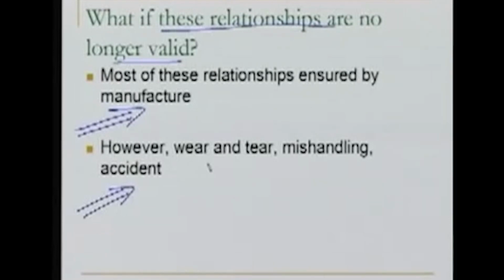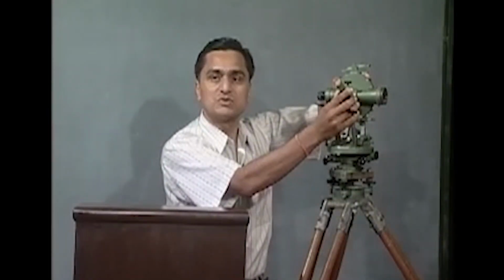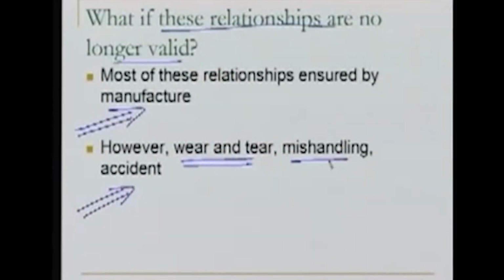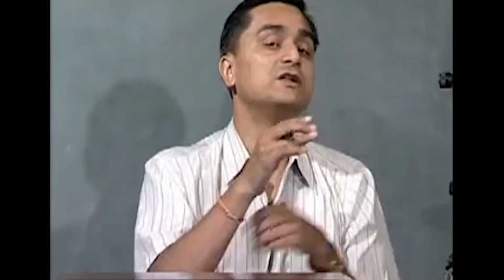But still, you are using the instrument in the field, there is continuous wear and tear, someone mishandles it. For example, I apply some pressure or pull, and some relationship goes wrong. Sometimes by accident the instrument falls. Some of these relationships we talked about might deviate from the desired relationships. Now if it is so, what will happen?